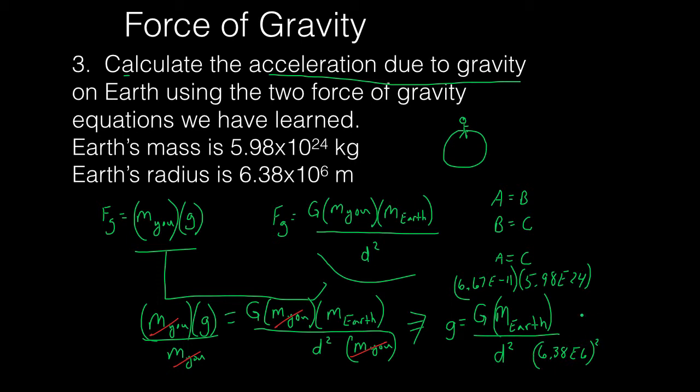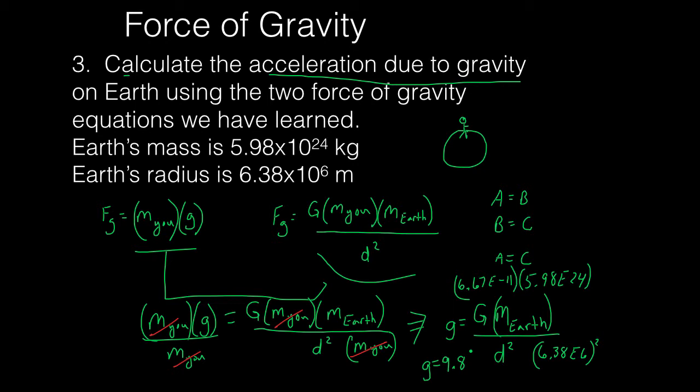I'm going to punch these numbers into my calculator real fast, but we can make a prediction before we do. g had better be something close to 9.8, because that's the number we have been using all year.